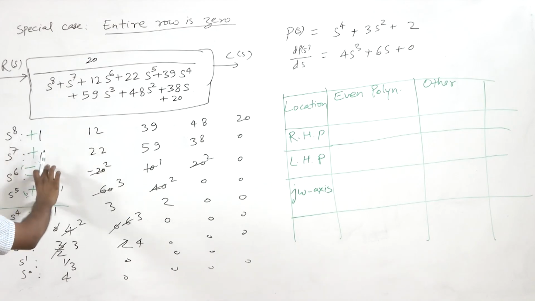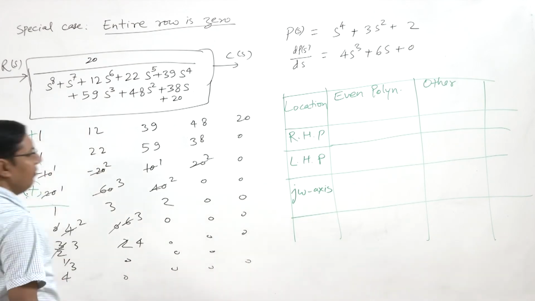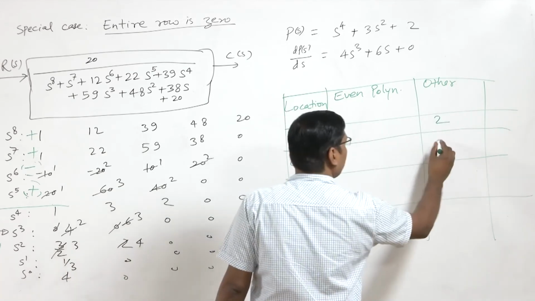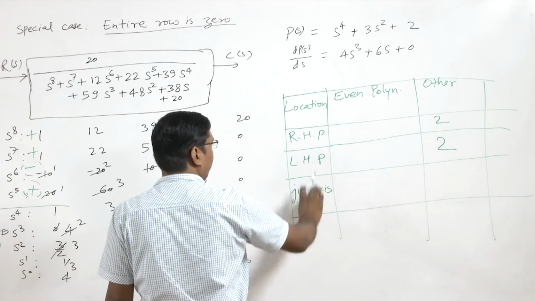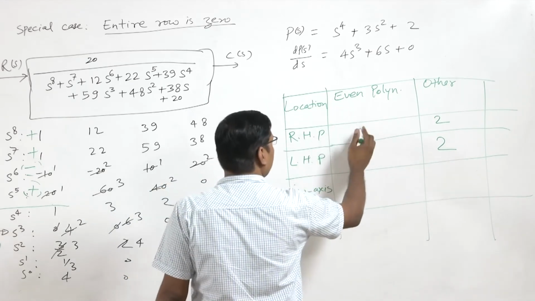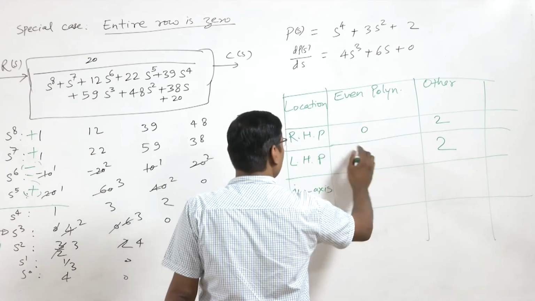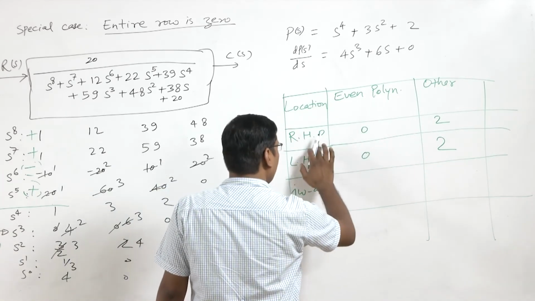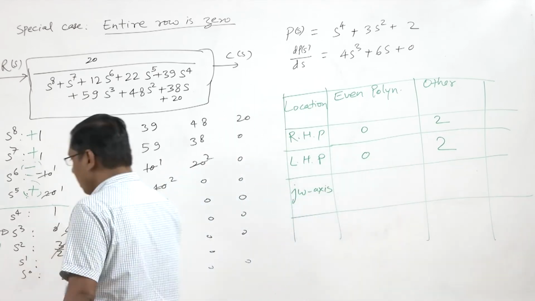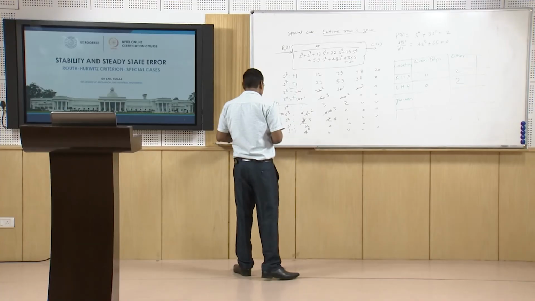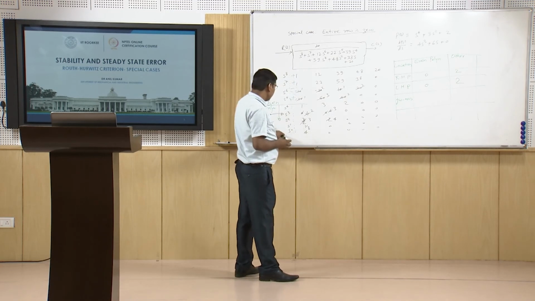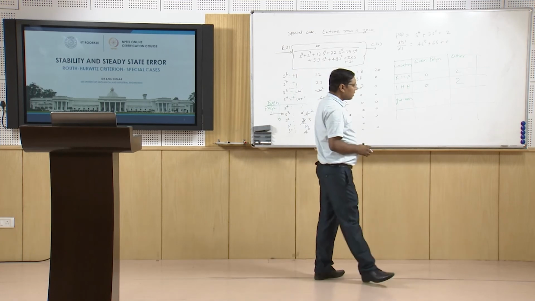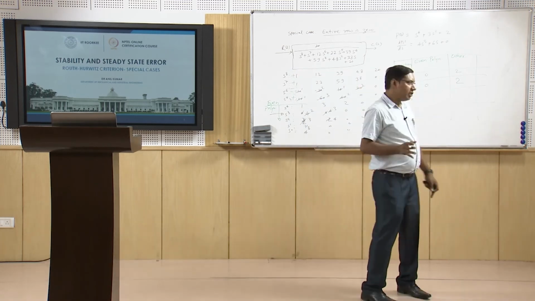So in this other part, 2 will be in the right half plane and 2 will be in the left half plane. And the even polynomial roots will be 0. So no even polynomial root is in the right half plane or left half plane. And on the j omega axis, the rest 4, because here there is no sign change. So if there is no sign change, all the roots will be on the j omega axis.